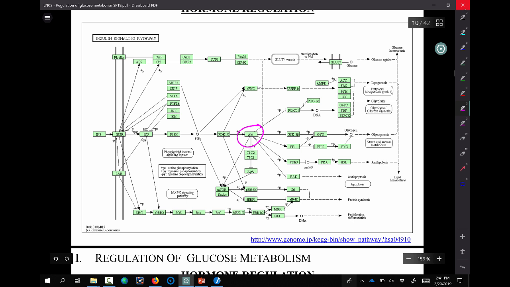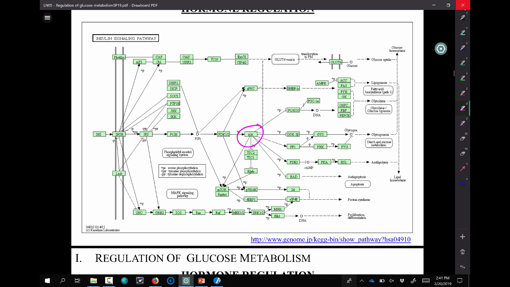Here's AKT. So this is the signaling pathway that we talk about. That's AKT, and then everything that has arrows drawn from it, that's what it does. You can look at that all on your own if you want. We'll talk a little bit about what it does, but the details become nauseating, to say the least. It just becomes a whole bunch of boxes with 3-letter or 4-letter acronyms in them.